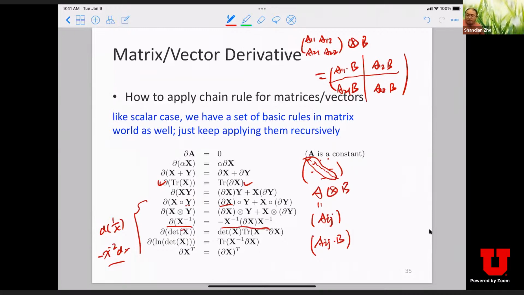It's minus x inverse times dx times x inverse. It's a very well-known result. But you don't need to worry about how to prove that. We won't ask you how to prove that. I don't know how to prove it as well, but it's a very famous rule summarized by some pioneering mathematicians.